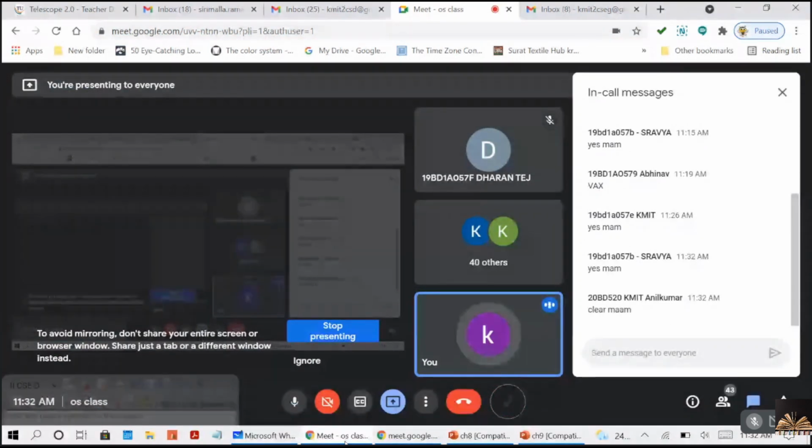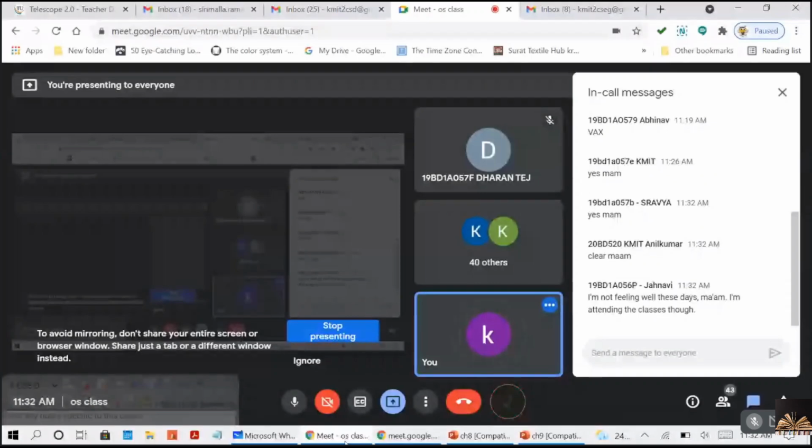Jahnavi, are you okay, ma? Dharan Tej, he used to respond regularly, 7F. He is not doing. Rohit is also there, I think. Rohit should also be there. What happened to all of you? Are you learning from the others? Student: I'm not doing well these days, ma'am. I am attending the classes.